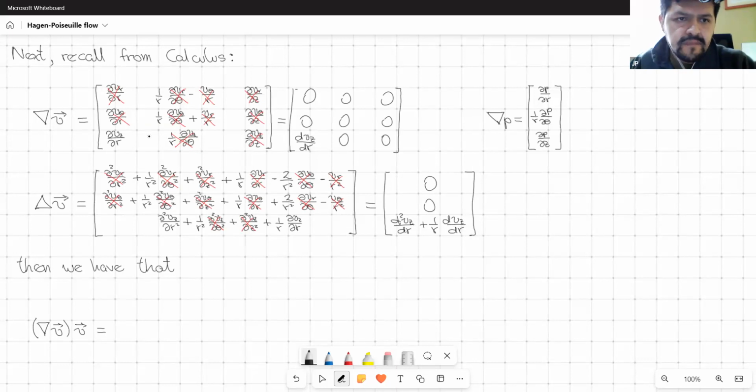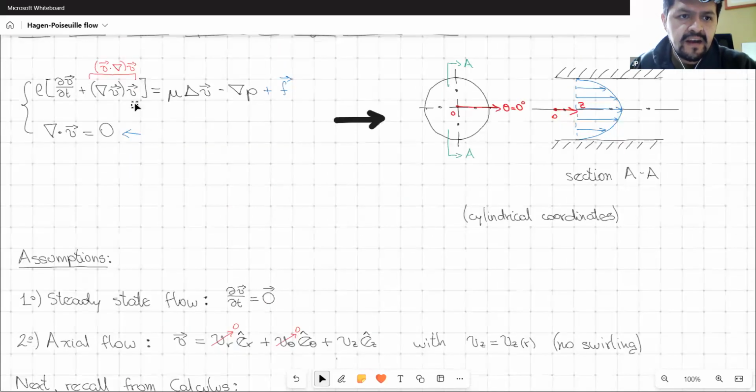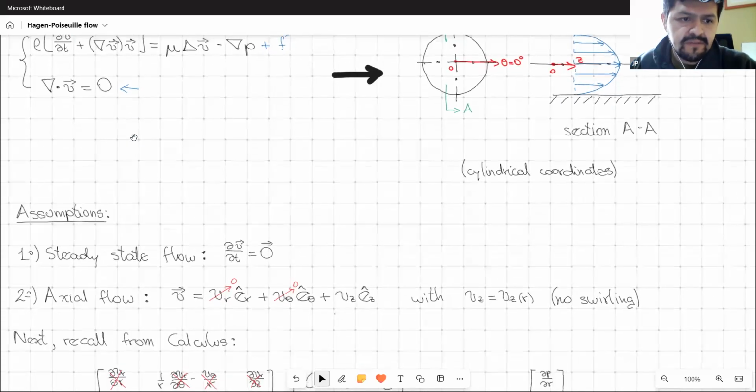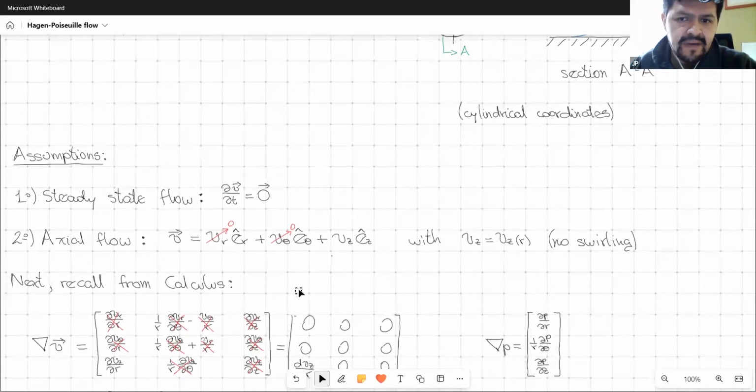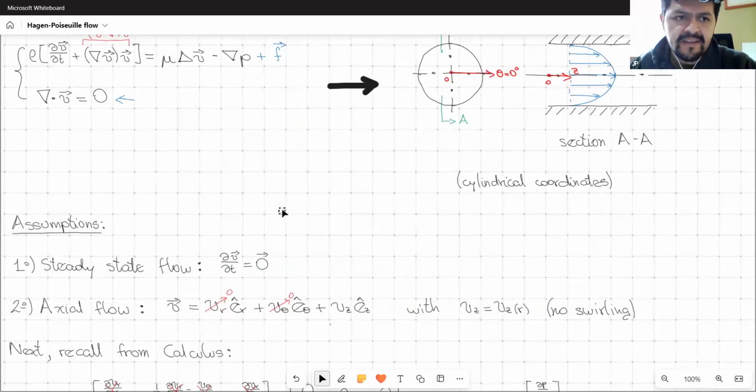Then we will see how the nonlinear term, the one we showed at the beginning, and for that matter all the other terms, will look. Also, something we should have mentioned is that by assuming that the velocity v_z does not depend on the z direction, we automatically satisfy the incompressibility condition, as we will see next.